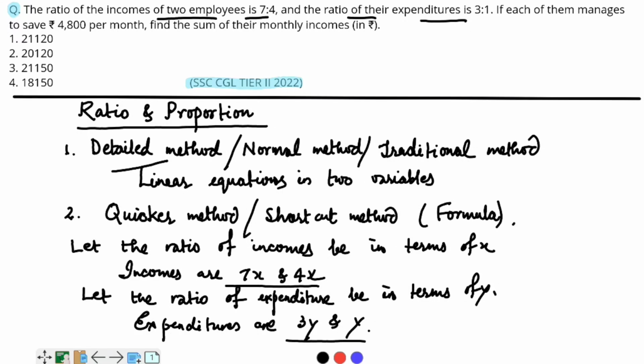So our savings will be, let us go to page 2. We all know saving equals income minus expenditure: whatever you earn minus whatever you spend is your saving.